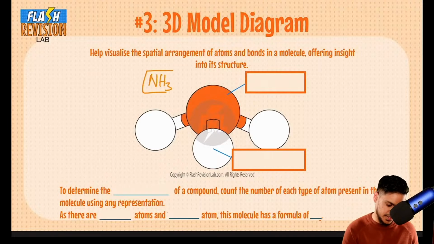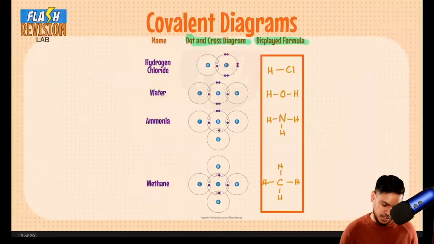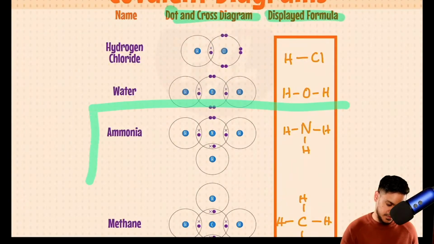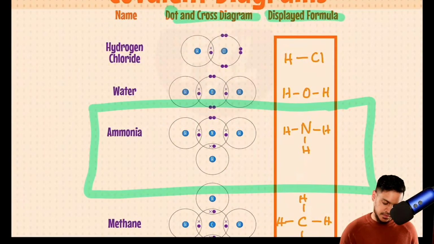So compare this diagram to these two. This is ammonia here. What you can see is that these two don't show the 3D structure of how ammonia actually looks. So that's a disadvantage, but they also have advantages. A dot and cross diagram shows you the electrons. The disadvantage of a dot and cross diagram is that it's too complicated.